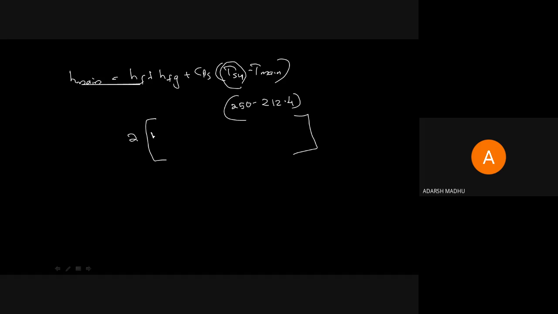Therefore, HF plus HFG plus CPS into (250 minus 212.4), the whole value into 2.